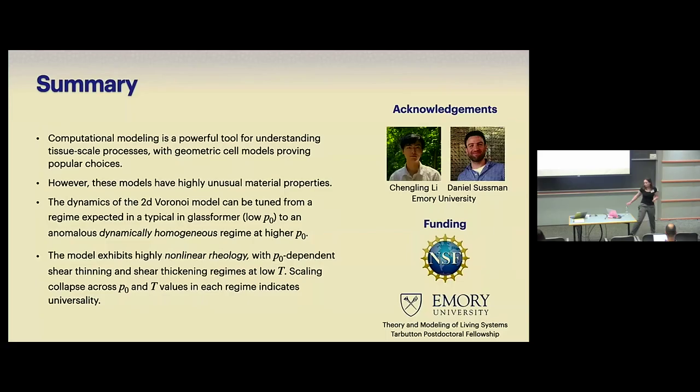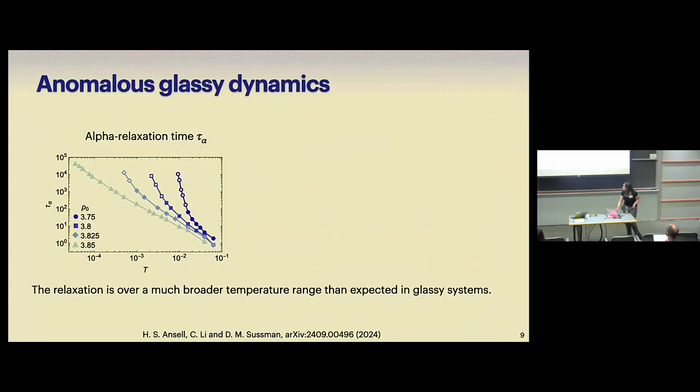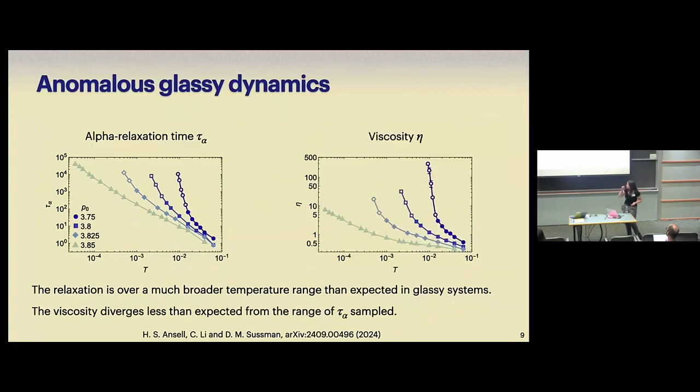So one thing I didn't say is that in these plots the solid markers are indicating the regime where the model is fluid, and then the open markers correspond to regions where you have hexatic ordering. So the divergence very much starts around when the hexatic ordering kicks in.